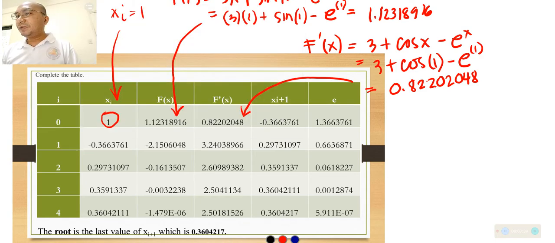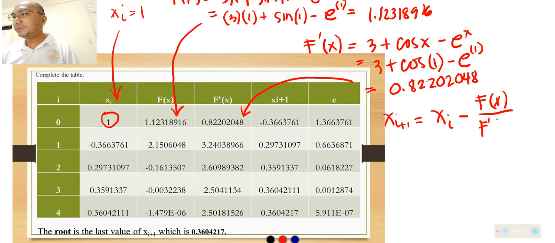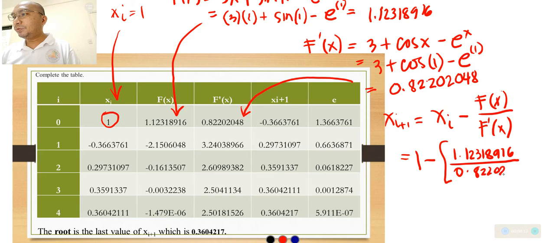Then what is the value of xi plus 1? The value of xi plus 1 is equal to xi minus the value of f of x over the value of f prime of x. That will give us 1 minus 1.12318916 divided by 0.822024.